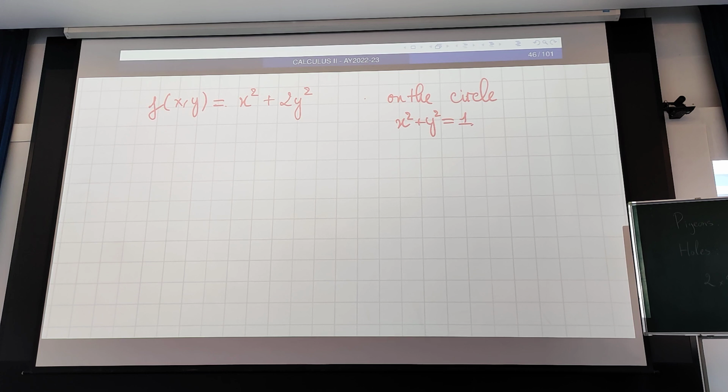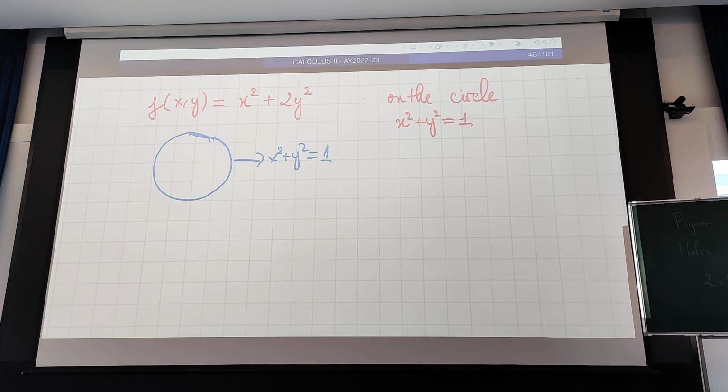So if you remember, I mentioned before, this circle is an example of a closed and bounded set. You agree? The circle x squared plus y squared equal to 1 is an example of a closed and bounded set.